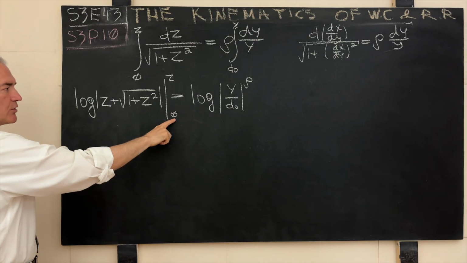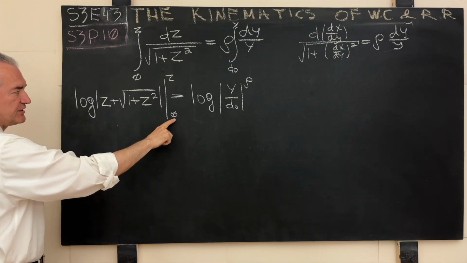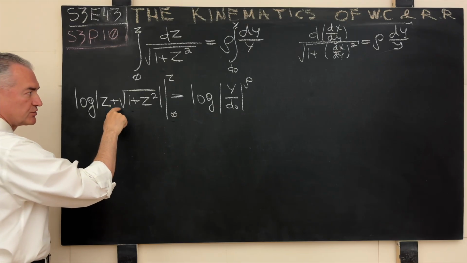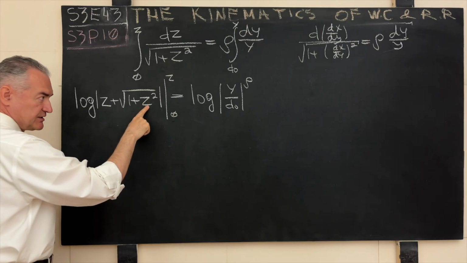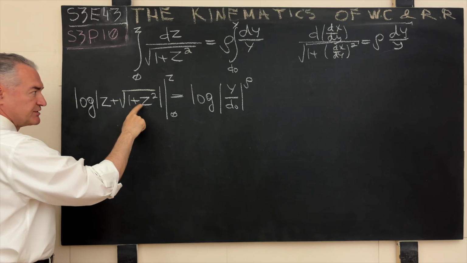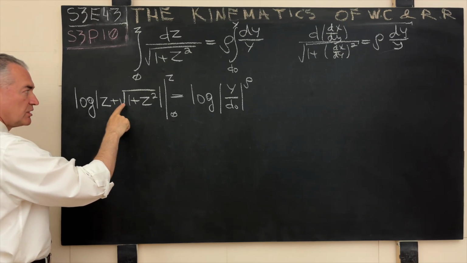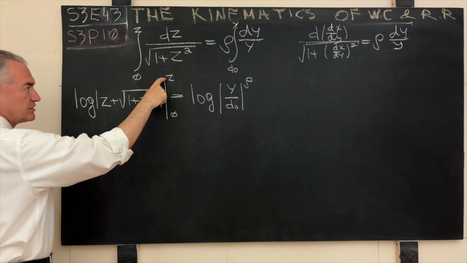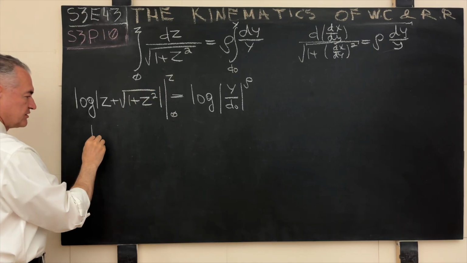Now let's look at this. At the lower boundary of integration, when z is equal to 0, 0 plus anything is anything. Anything is what? Square root of 1 plus z squared. Z is 0, 0 squared is 0, 1 plus 0 is 1, square root of 1 is 1, log of 1 is 0. Hallelujah, it's gone. So what remains of this guy is the following.